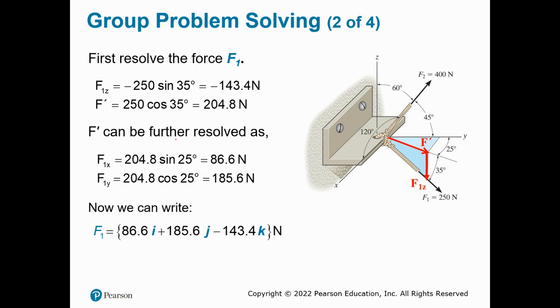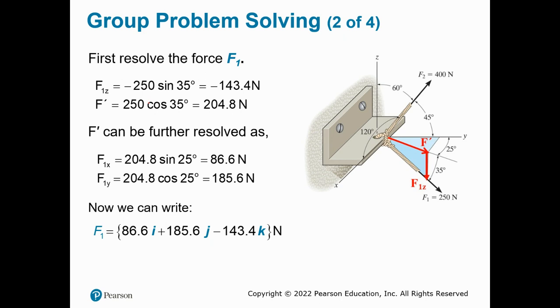And then over here, you have F1, projected the first time into the XY plane. You have F1z going vertical because your Z axis is vertical, and then your F1 prime being the diagonal on the XY plane. Be careful with the sign.